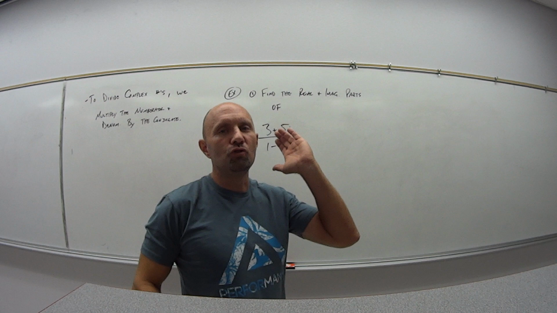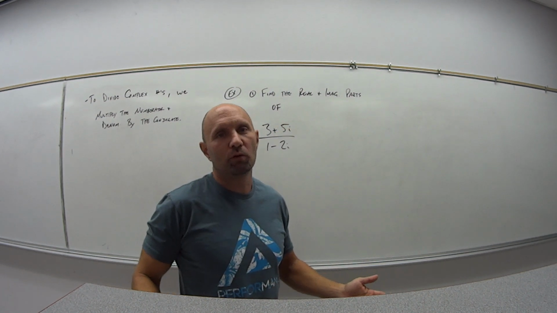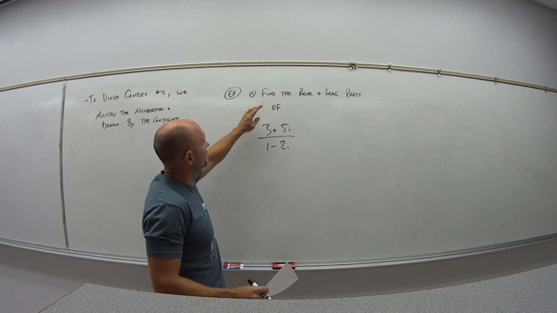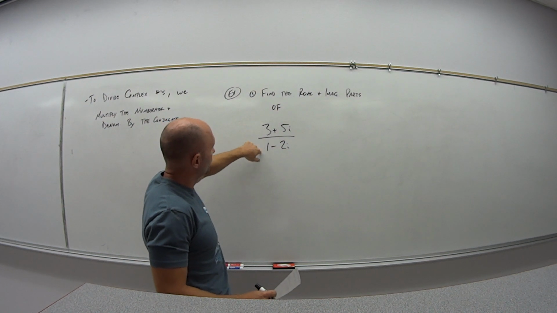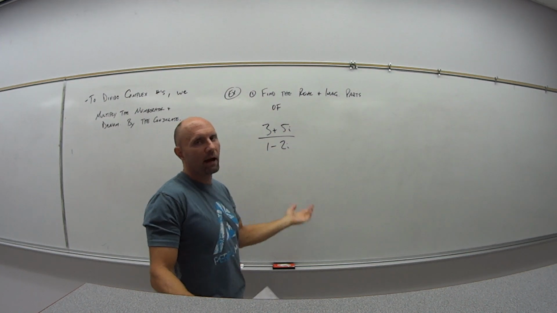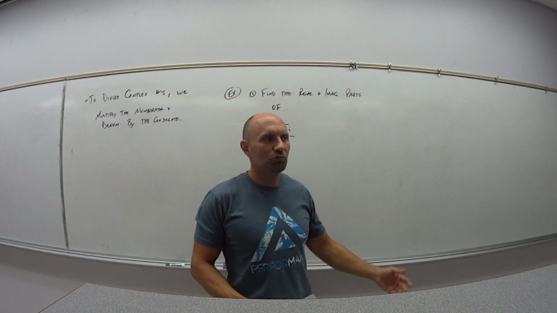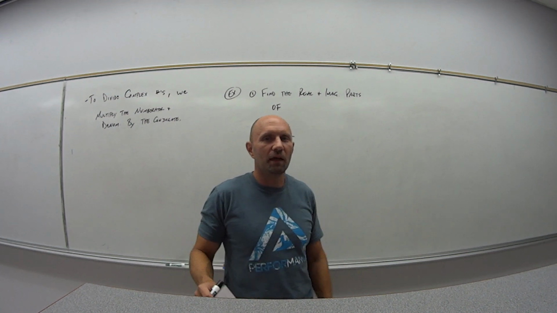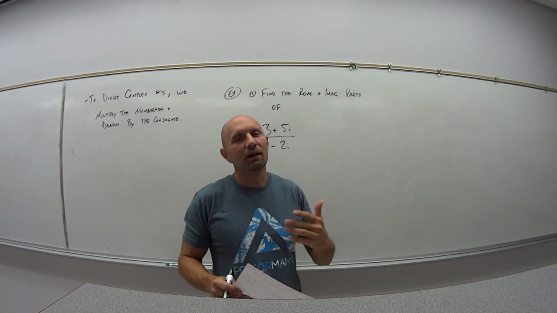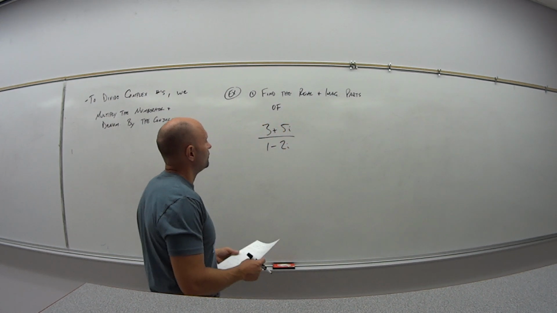Now, what I will tell you, do not do, and I'm trying to stress this because I know some people are still going to do it, don't do this. What so many people do is say, oh, the real part, 3 over 1, it's 3. The imaginary part, 5 over negative 2, minus 5 halves. I'm done. Do you really think that's going to be an exam problem? Just taking what's there and then writing out those numbers? No, right? It seems way too easy. I know I tell you guys to simplify, make math simple, but that's not what we do here.